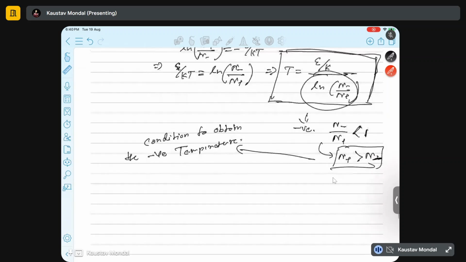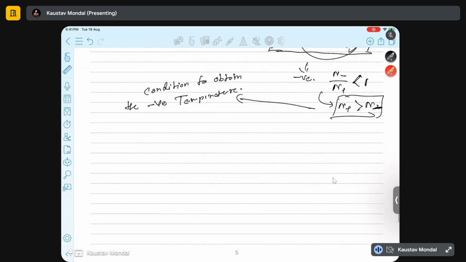So what does that physically mean? It physically means the population of the upper excited state should be higher than the lower state. Okay, this is the one and only option to get the negative temperature in this kind of two-level system.